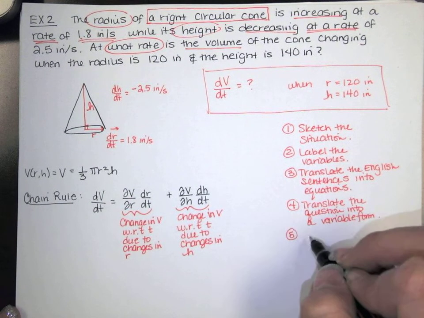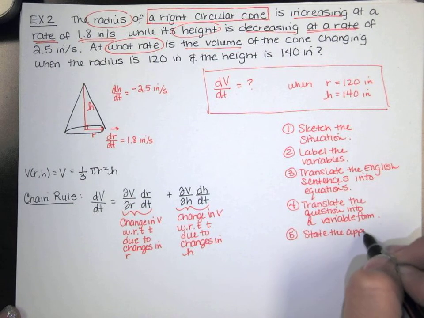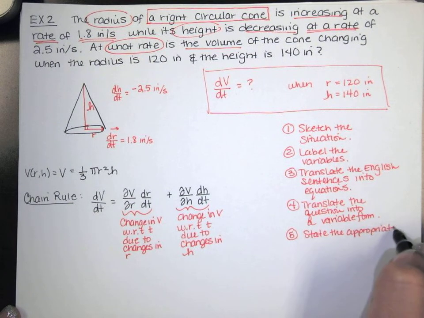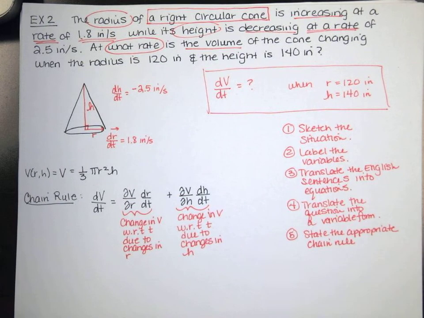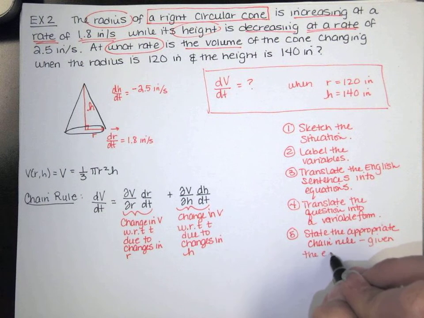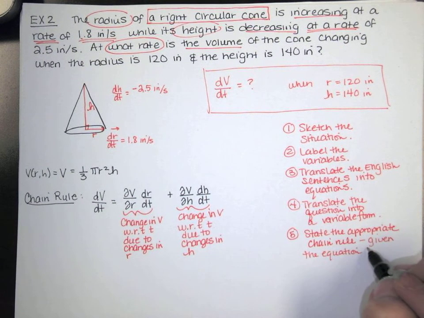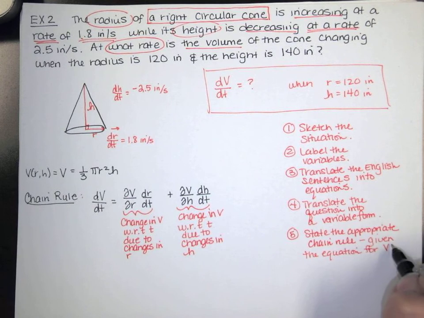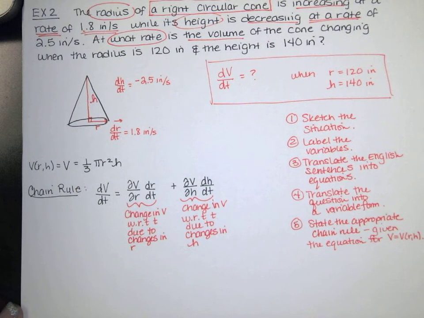Then we state the appropriate chain rule, given this particular equation. Now, if we weren't given the equation for volume, we would have to look that up. And then we just use the chain rule to answer the question.